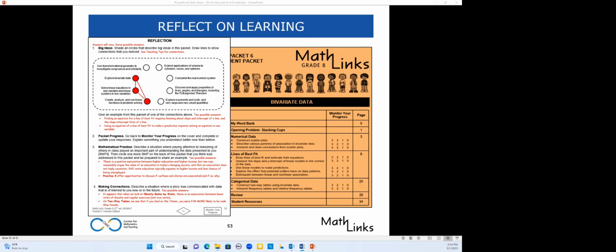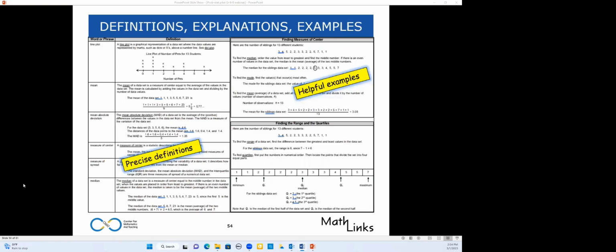Along the way, we prompt teachers to consider particular problems suited for journaling, and at the end of every lesson, we ask students to go back to the packet cover and score themselves on a scale of 0 to 3 on what they've learned. Then at the very end of the packet are precise definitions and explanations and examples that students and those who might be helping at home can refer to.